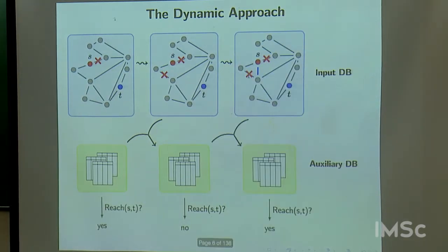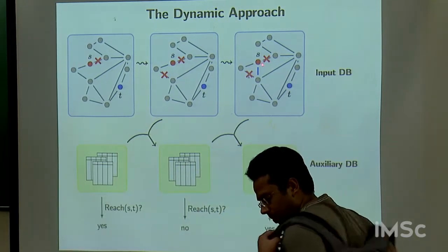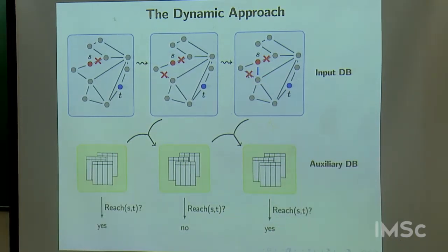And again another edge is added. So for example, this edge is added here, and now you can see that there's a path from S to T again. The path from S to T is restored.